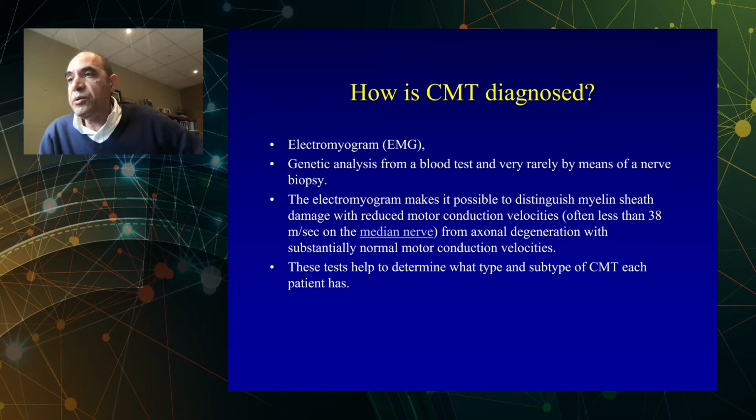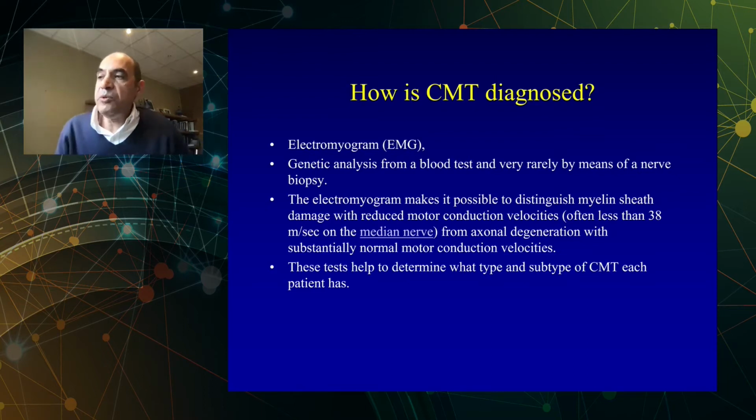So CMT diagnosis by electromyography. The electromyography makes it possible to distinguish myelin sheath damage with reduced motor conduction velocities, often less than 38 meters per second, from axonal degeneration, as I told you, type 1 and type 2, with substantially normal motor conduction velocity.